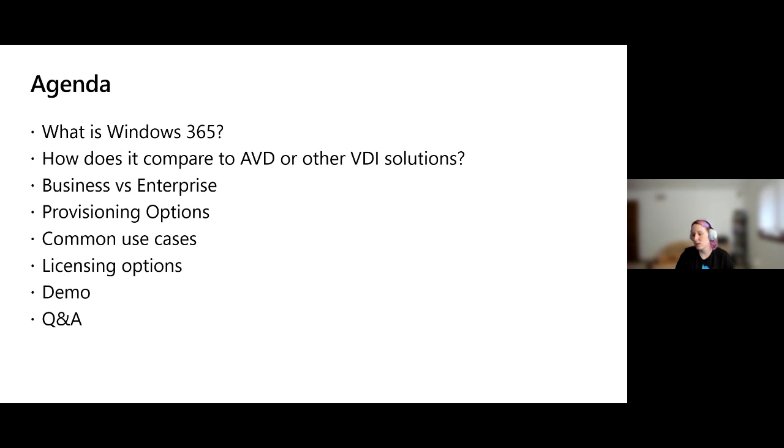We will then talk a little bit about what the difference is between business versus enterprise, because we do have two different offerings available. Provisioning options, we have 3 different options that you can choose from to actually configure Windows 365 PCs. Use cases that we see in the field, licensing options, then we'll go into an awesome demo, and then we'll leave some questions at the end for some Q&A.